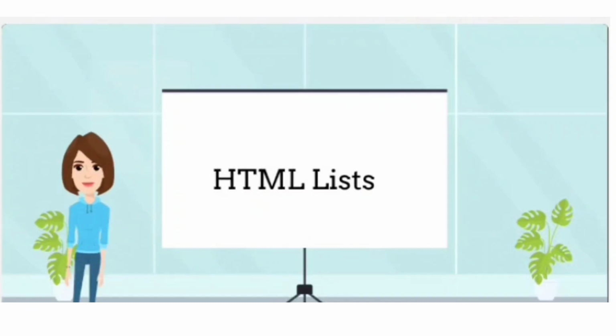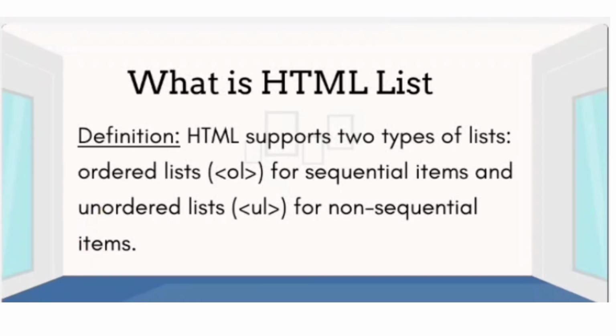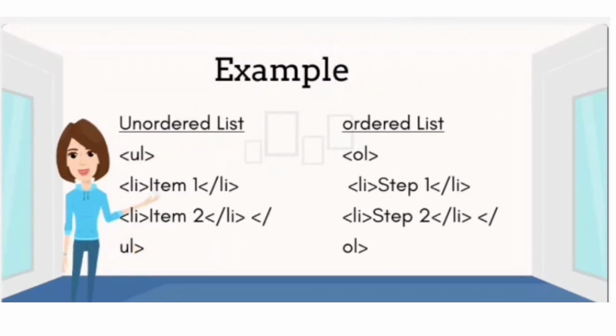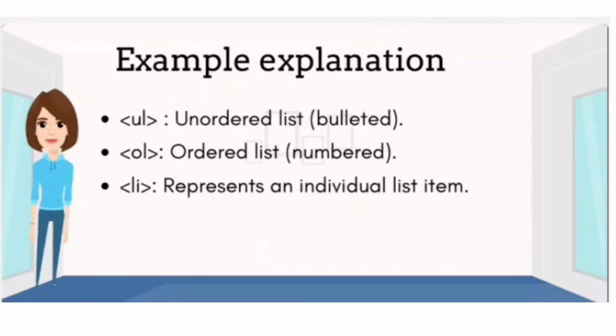HTML lists. What is HTML list? HTML supports 2 types of lists: ordered lists for sequential items and unordered lists for non-sequential items. Let's see the example of ordered list and unordered list. Example explanation.